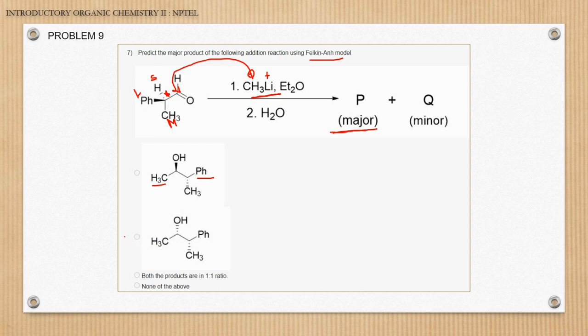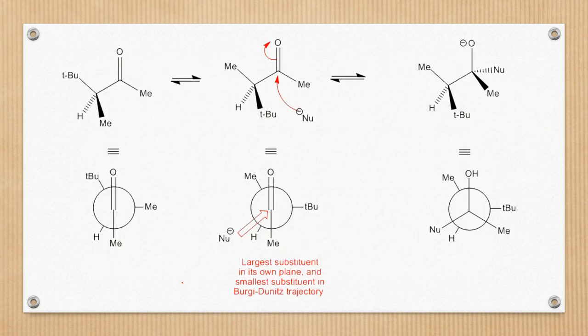So option number B is the correct one, because both products could not be formed in 1:1 ratio, since one has to be major and one has to be minor, and none of the above is not the case. Okay, so option number B will be the right option for this problem. You can see here also that the nucleophile has to add with the largest substituent in its own plane and the smallest substituent along the Burgi-Dunitz trajectory.